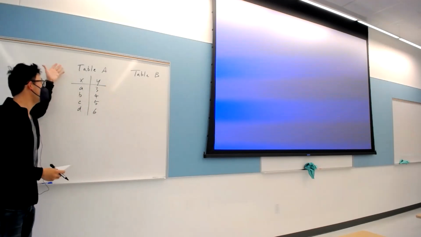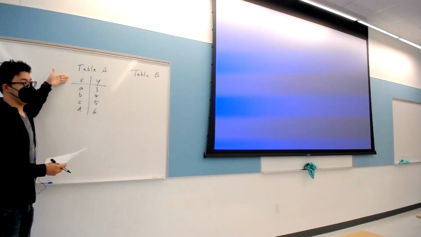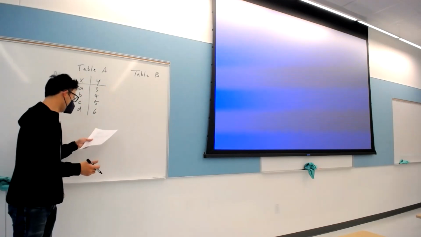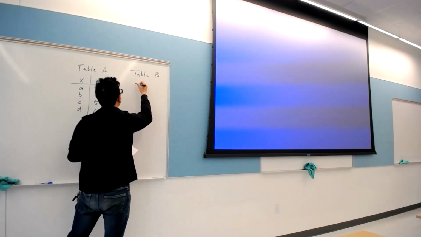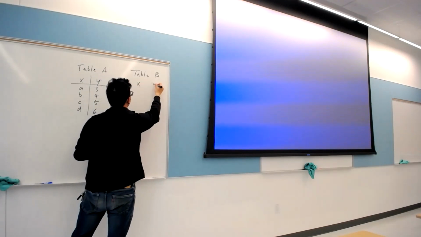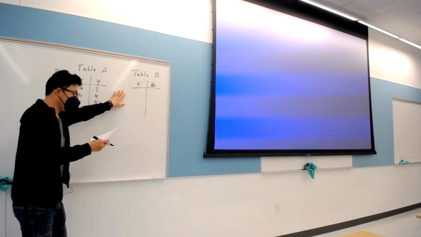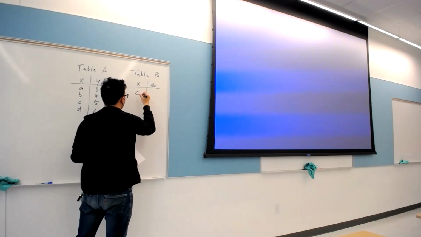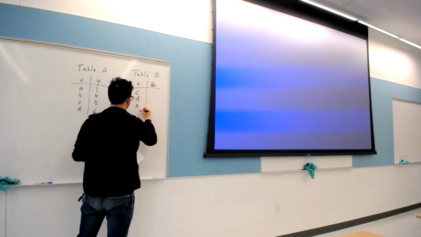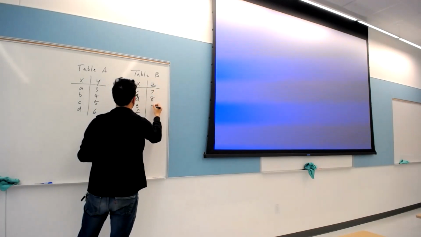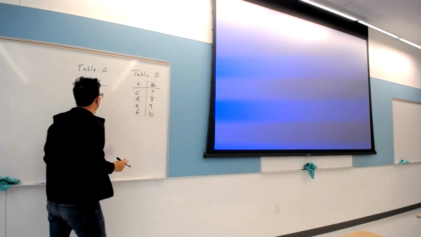So these could just be, right, X would be a column of characters and Y would be some column of numbers. And I have X and Z in table B, and here we have C, D, E, F, and 7, 8, 9, 10.